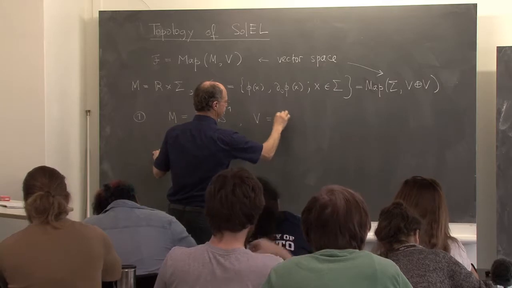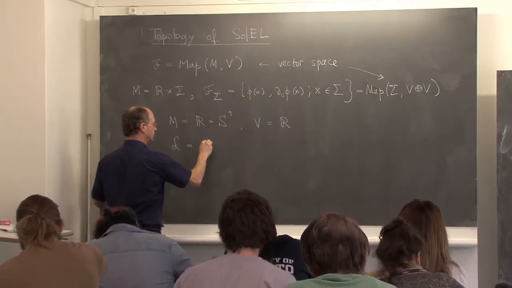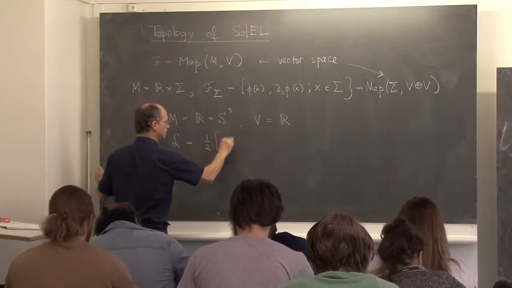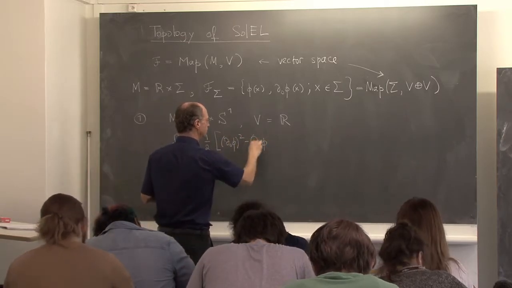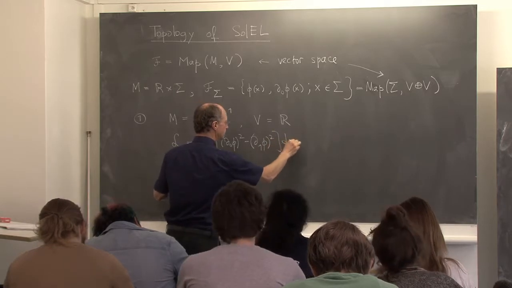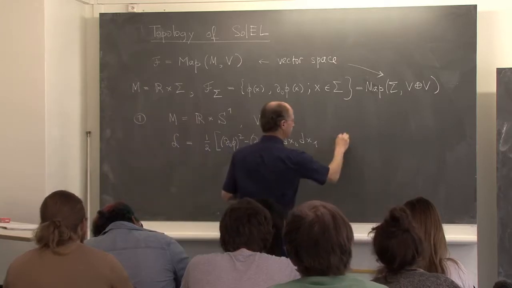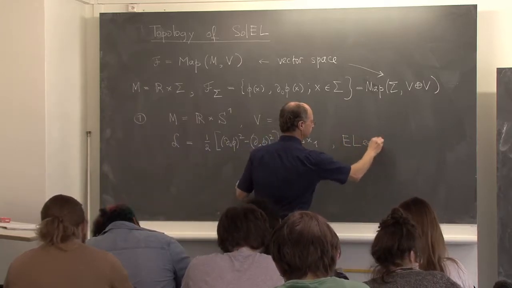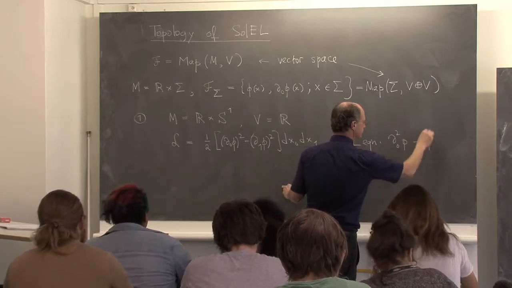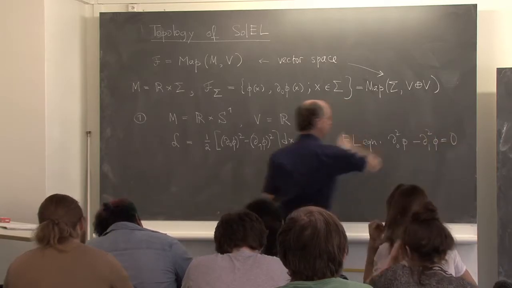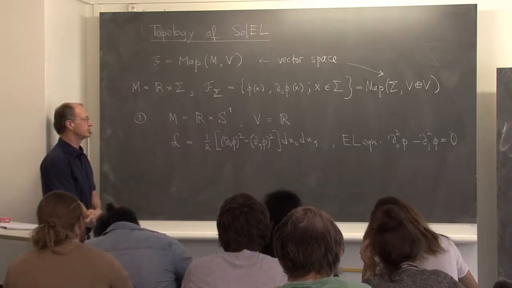So V is R. As usual, L is 1/2 (d naught phi squared minus d1 phi squared) dx naught dx1. And the EL equation is the wave equation: d naught squared phi minus d1 squared phi equal to 0.